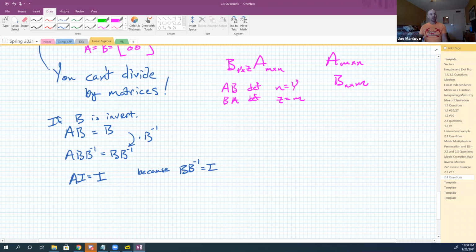So then I would get that A is the identity matrix. So in the case that B was invertible, you could do this. But matrices are not necessarily invertible. In fact, a great many of the ones we deal with in the course won't be. Does that kind of make sense? Okay, I'm going to assume it does.